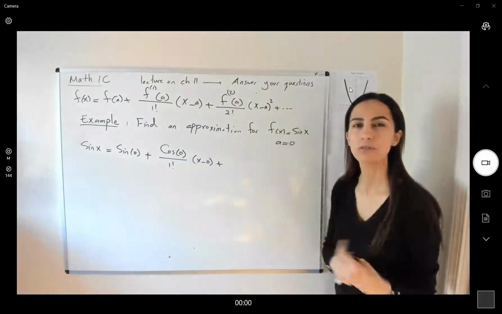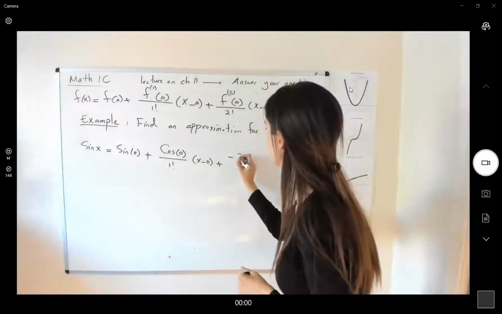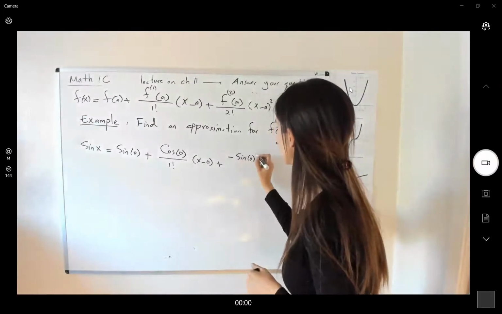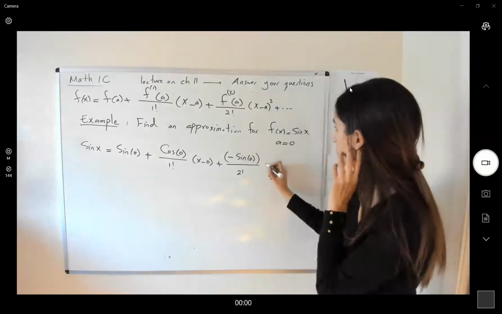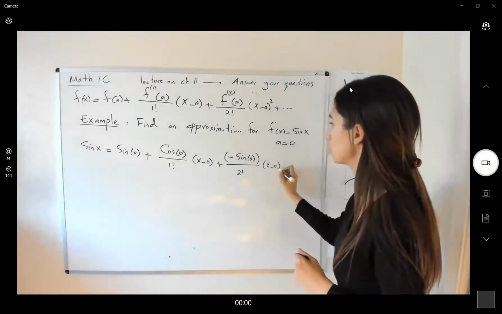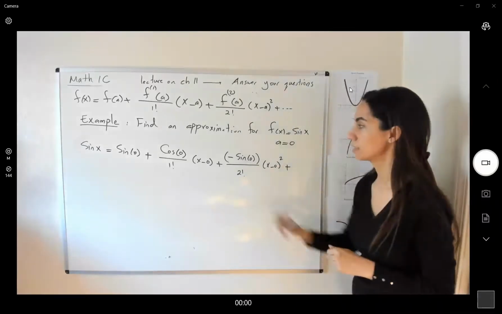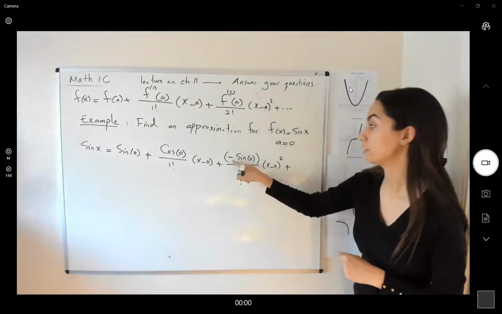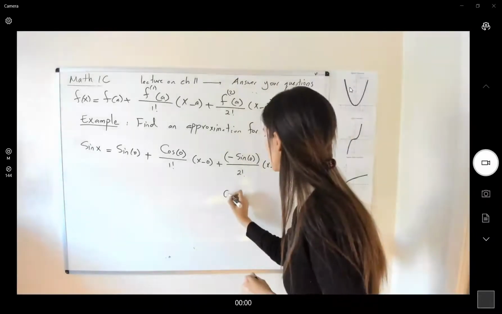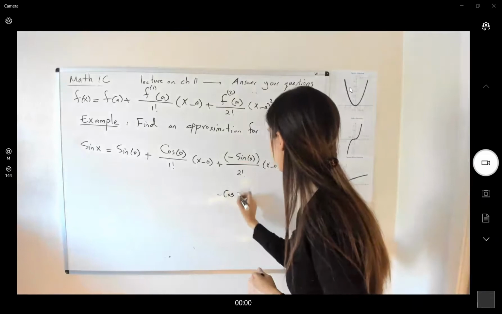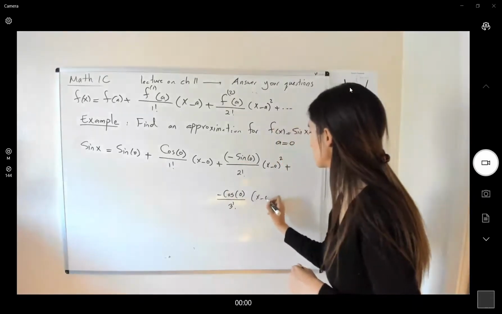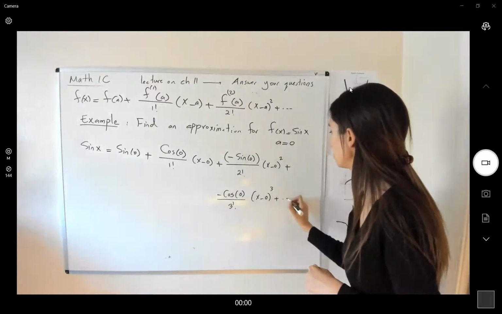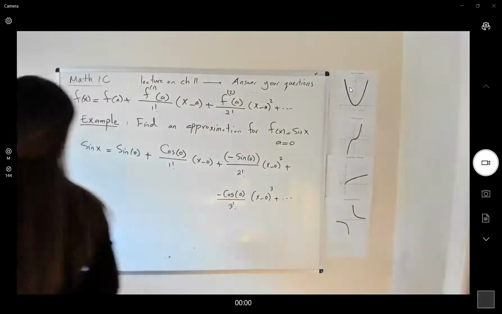The derivative of cosine is minus sine, so you get minus sine at 0 divided by 2 factorial times x minus 0 to the second, plus, now we are taking the derivative of negative sine, which is negative cosine, at 0 divided by 3 factorial times x minus 0 to the third, plus the rest of the terms.